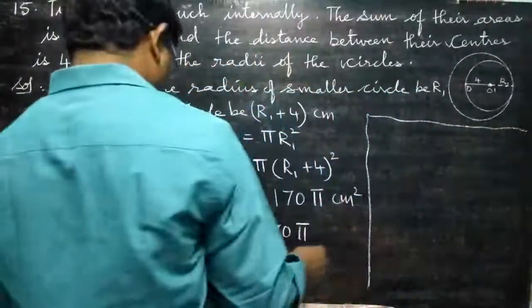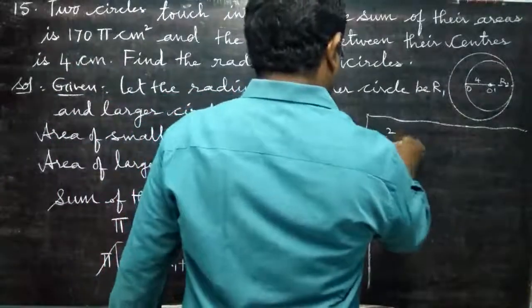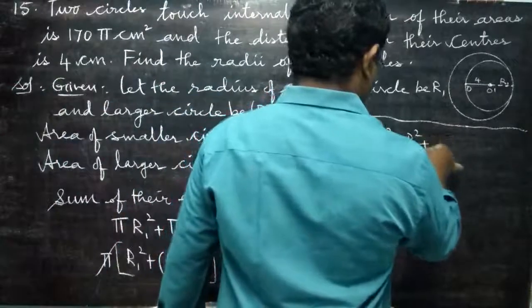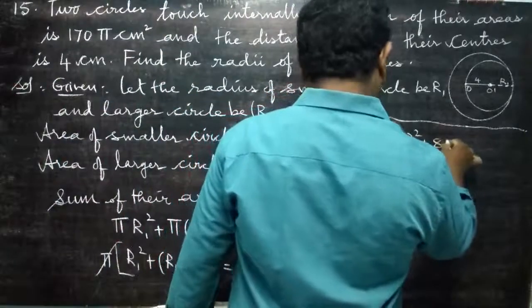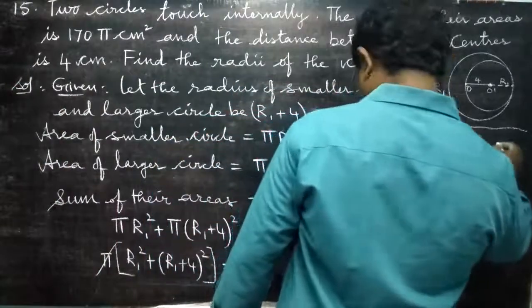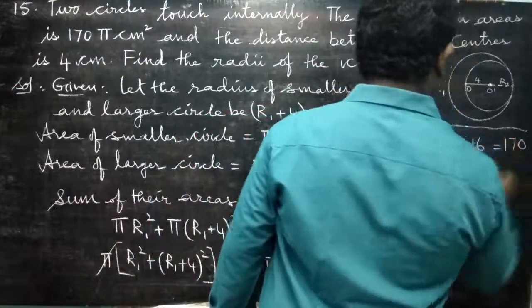Now R1 square plus, a plus b whole square formula. A square plus 2 4s are 8 R1 plus 4 4s are 16 is equal to 170.